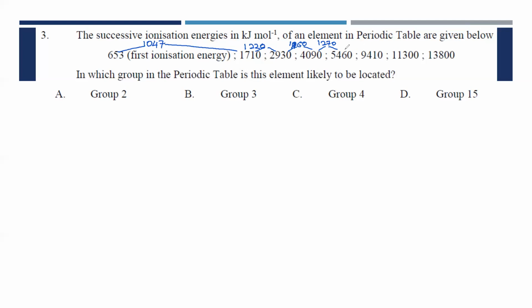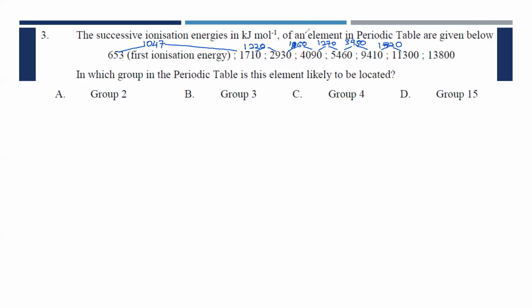And then 5460 to 9410 will be somewhere around 3950. And then suddenly 9410 to 11300, it dropped back to 1720. So you see the gap suddenly becomes small again.